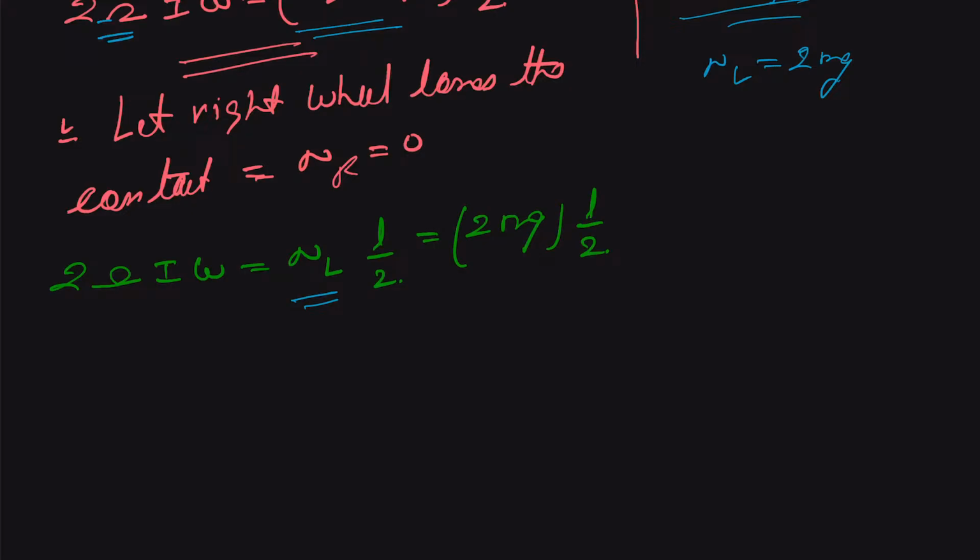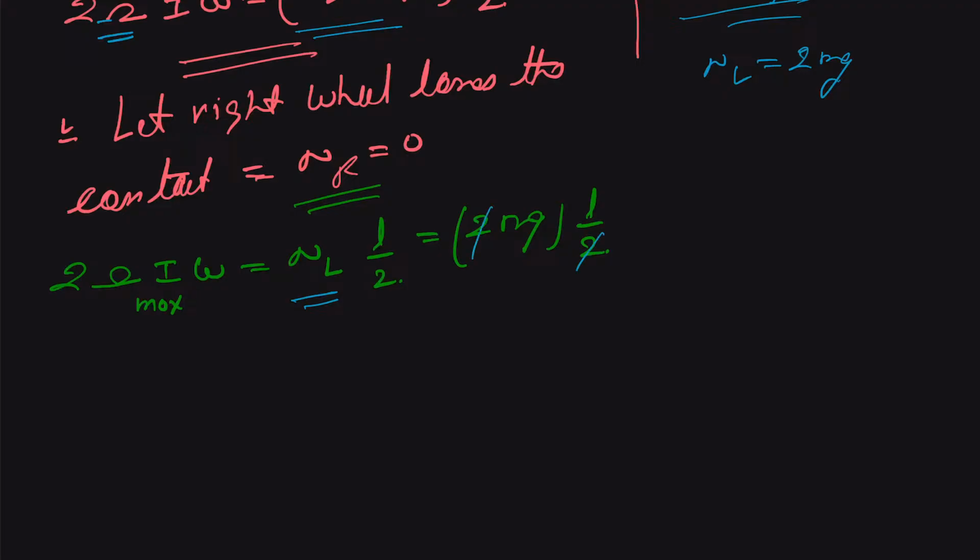Okay. And for this we can substitute the value of this omega. We can write this as omega max, because at a certain value of this omega max, one of the normals will be equal to 0.